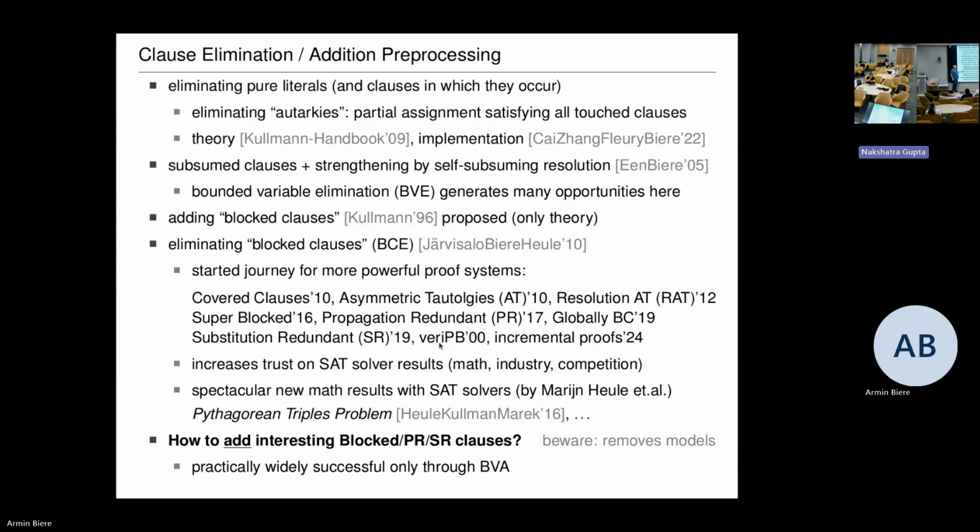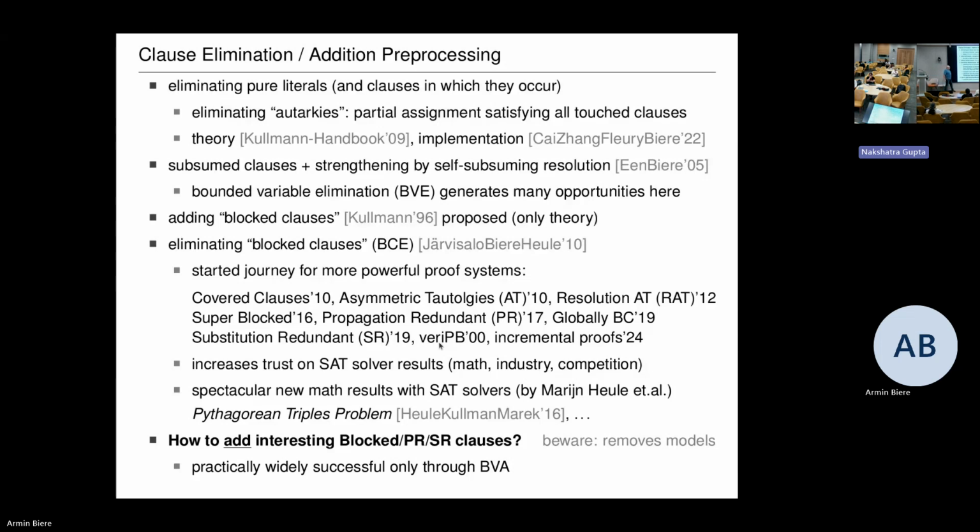Here, I mentioned that this paper, for instance, added such clauses. So these clauses remove models. So you shrink, like symmetry breaking, you shrink the satisfying assignment, but you do it in such a way that adding these clauses does not make it an unsound process.